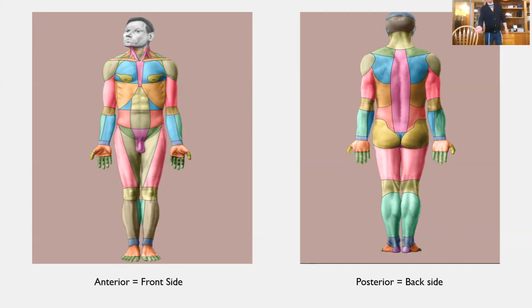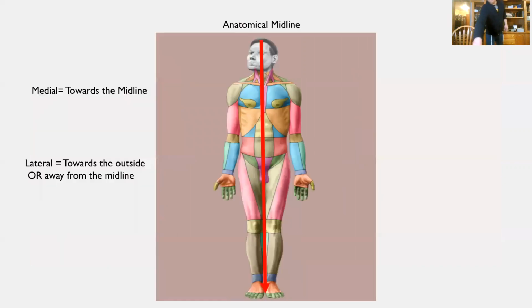Okay, here we go. So back in anatomical position, thumbs pointing out. This is lateral. So away from the midline of the body. This is the midline here. So ultimately anything towards the midline is going to be considered medial. Towards the midline is considered medial.